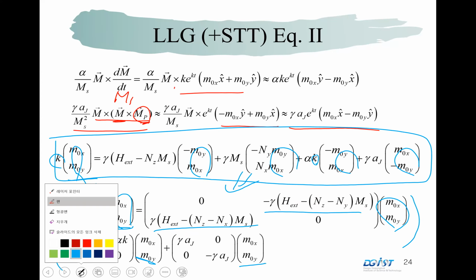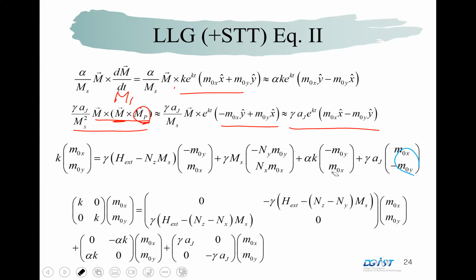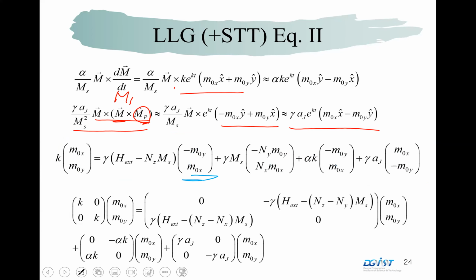Okay. So in this equation, the important point is here. This term has x and y in the opposite order, so this term contributes an off-diagonal element. And this term also contributes an off-diagonal element.